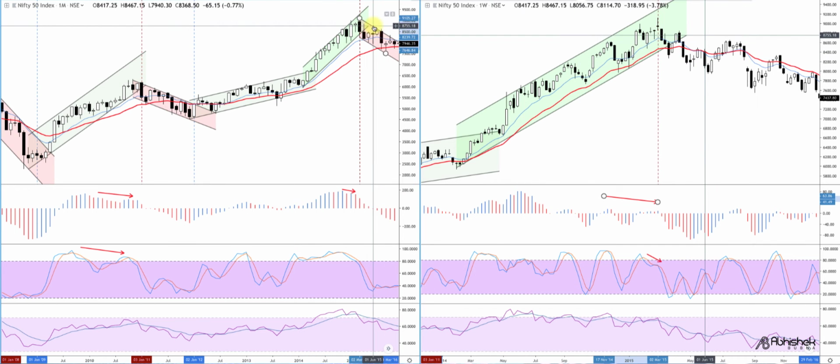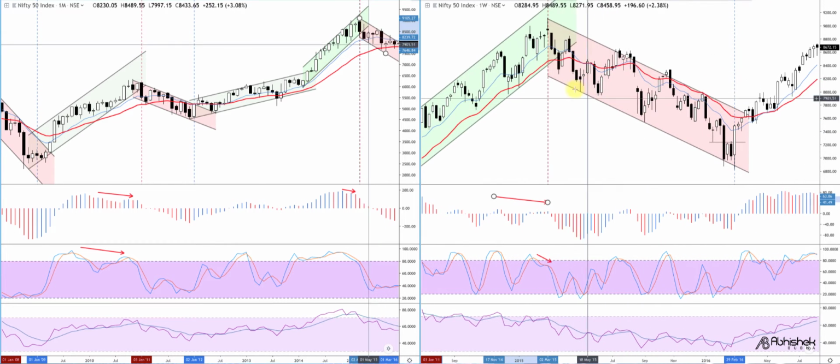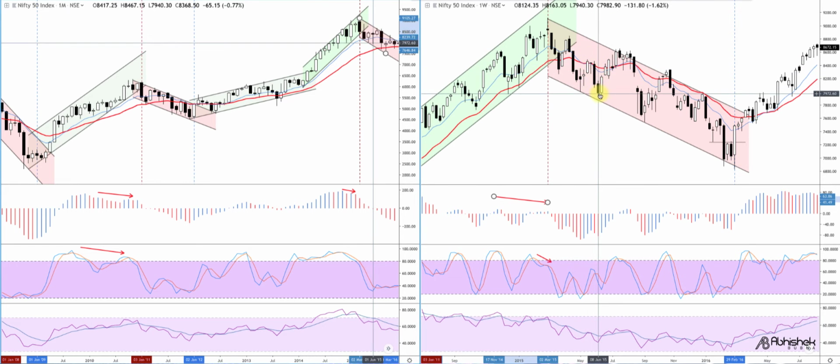Okay. Once you go short here, there's a high wave candle. You probably book your profits. There is a correction. Testing of lows. There's a bullish divergence. So you're definitely out of your short position now.